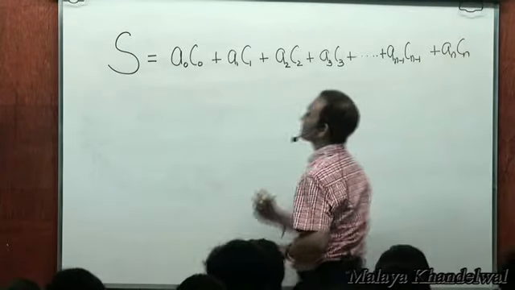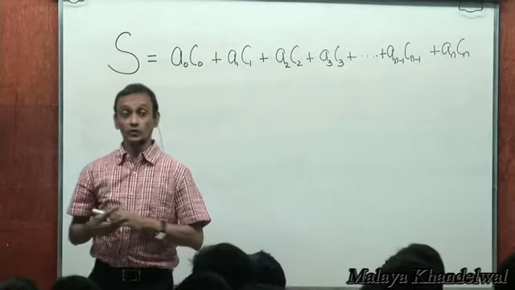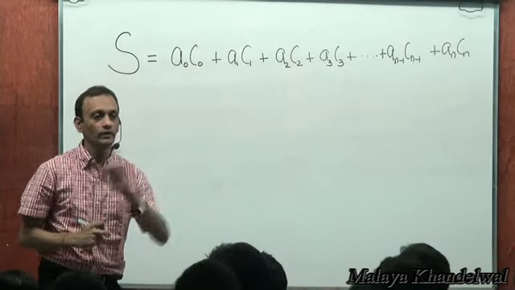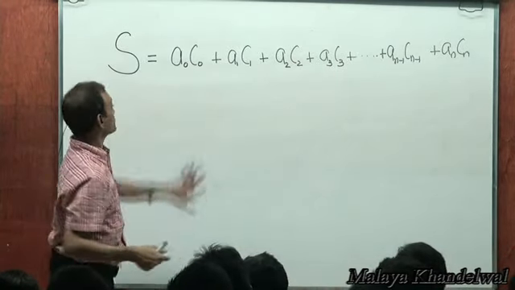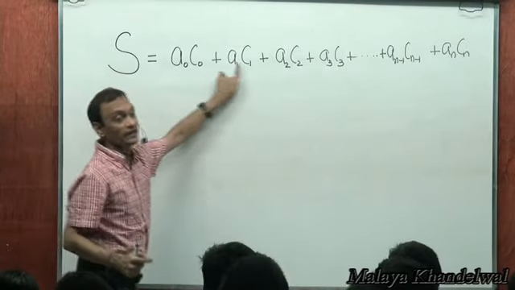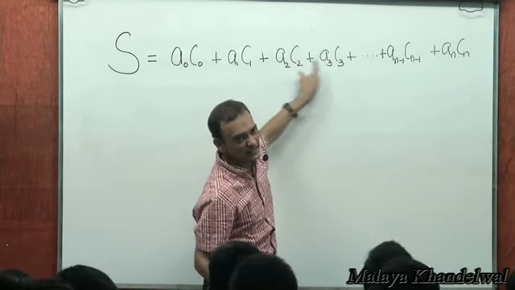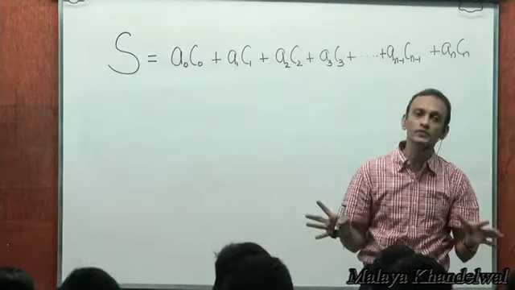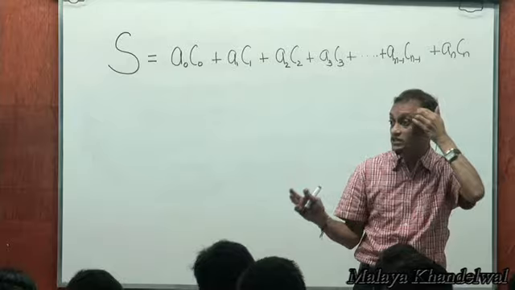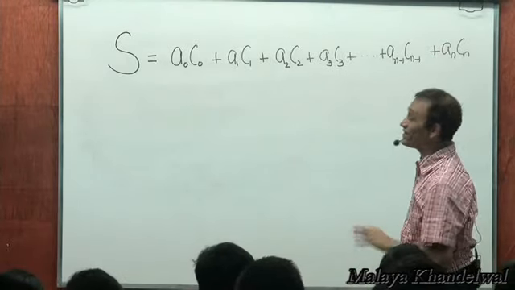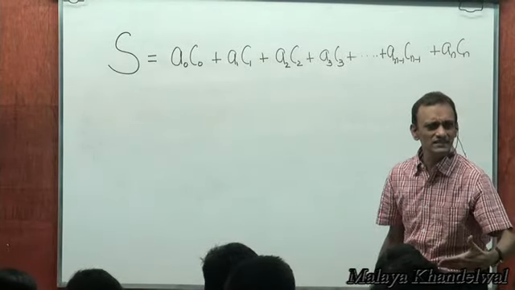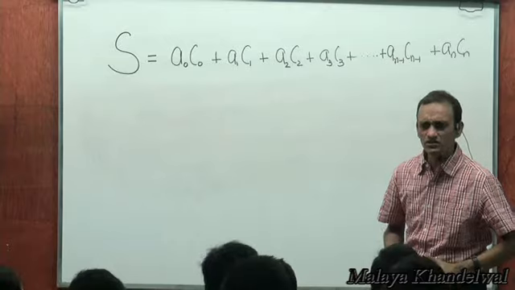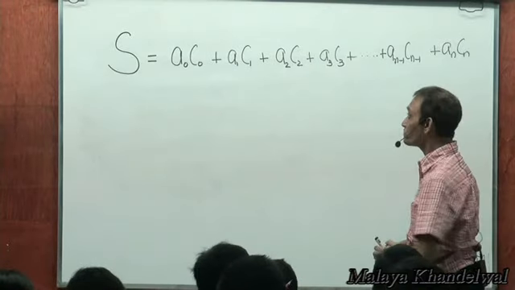Suppose someone gave you something like this, right? In the earlier case, A0 was 0, A1 was 1, A2 was 2, A3 was 3, Ar was r. Summation rCr is what we dealt with in the previous summation. Now this time we have a summation where C0, C1, C2 are nC0, nC1 as is conventional, right?